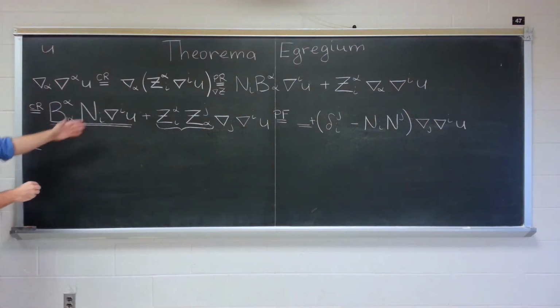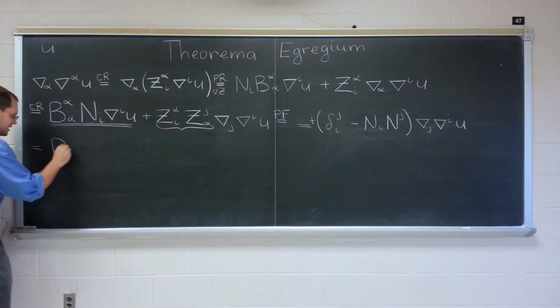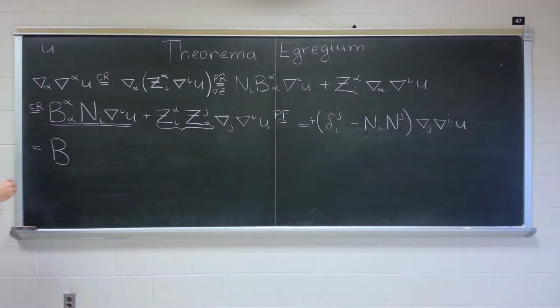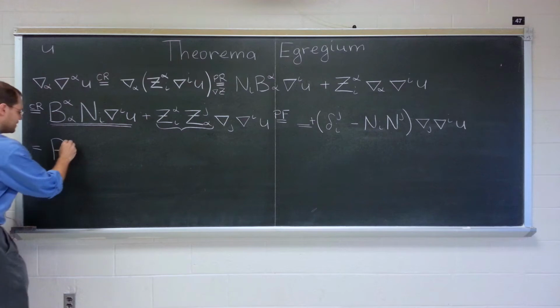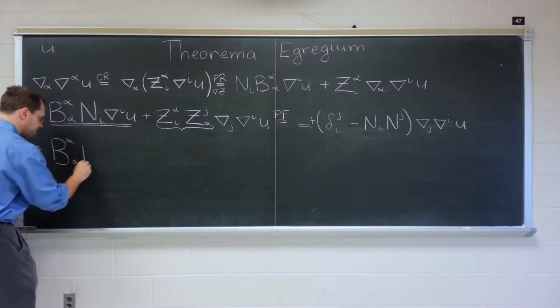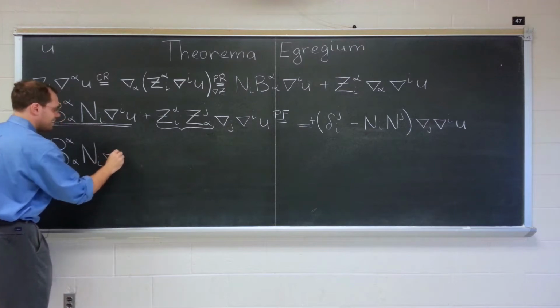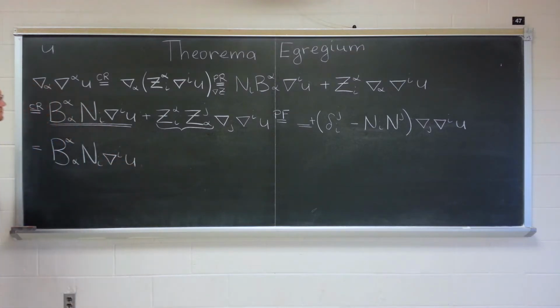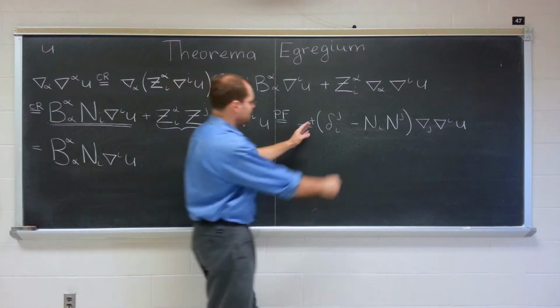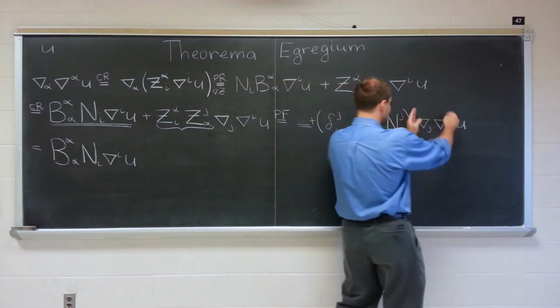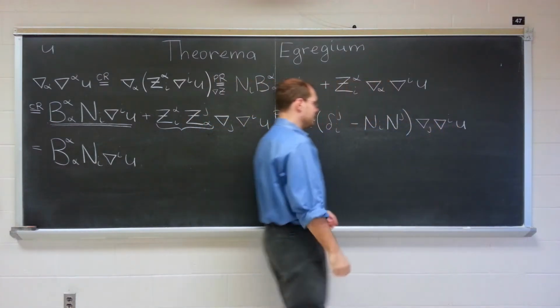So I will now actually write this term in, because in the final answer we should be able to see B alpha alpha n I grad I of U plus, of course, this term, multiplying this term will simply rename J to I.